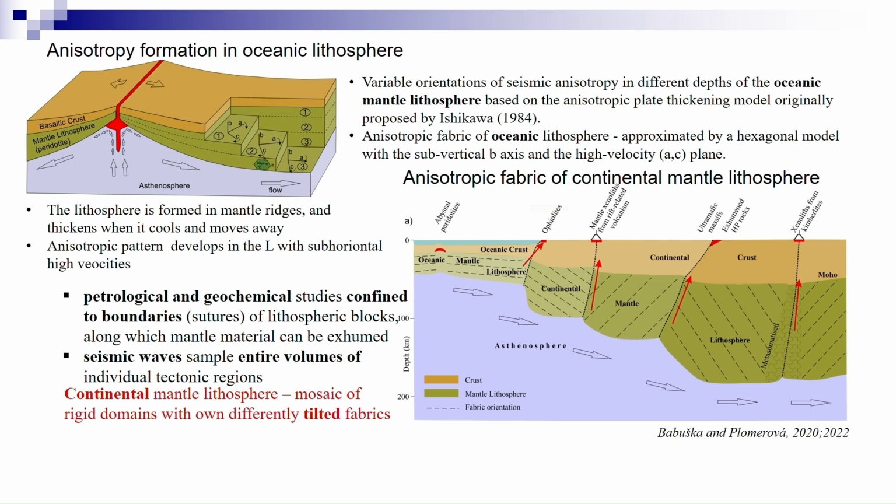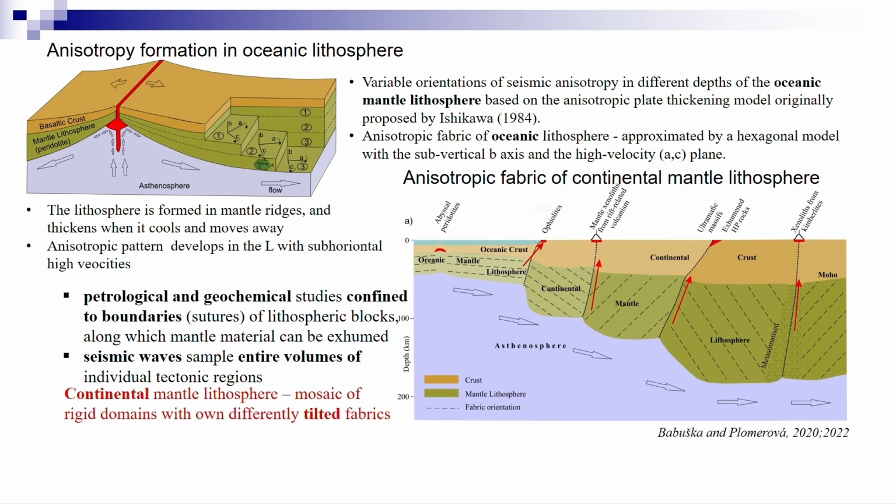The continental mantle lithosphere appears as a mosaic of rigid domains with their own differently tilted fabrics. Such an anisotropic pattern could develop during subduction processes, break-offs of the continents, wandering, and amalgamation of the fragments and formation of new plates. Petrological and chemical studies are confined to boundaries, sutures of lithospheric blocks, along which mantle material can be exhumed.